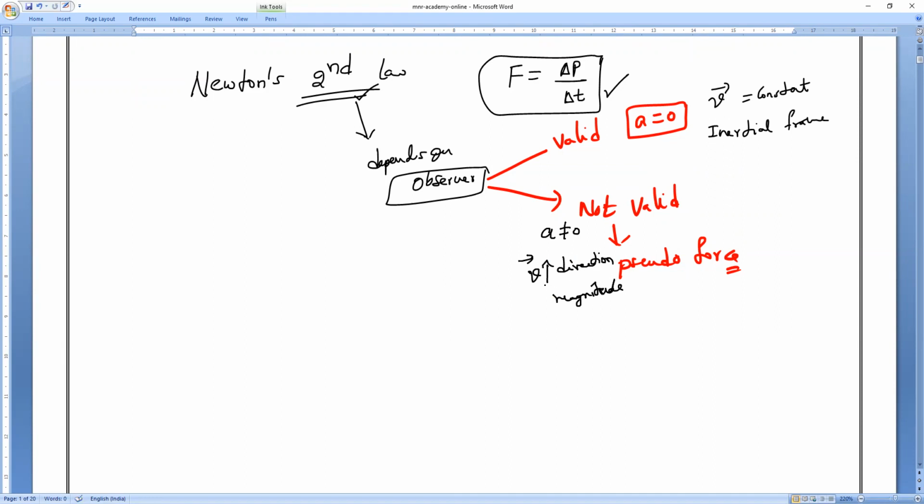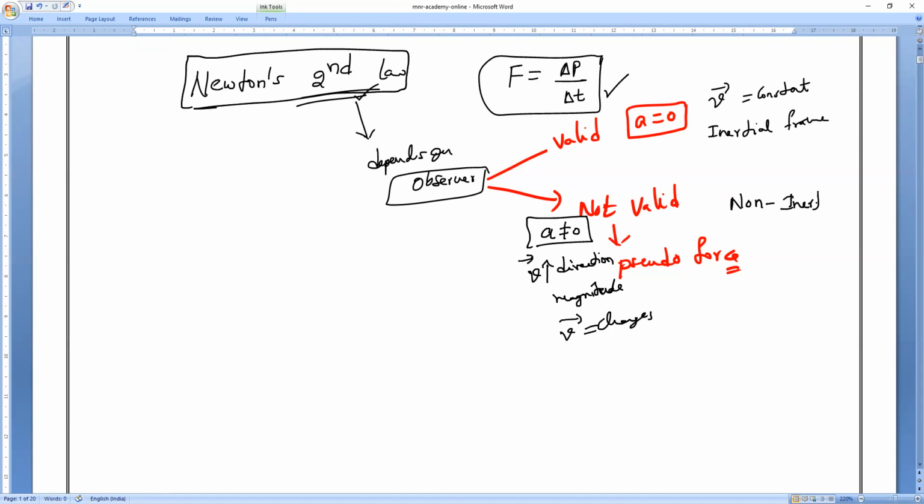If the velocity is not constant and v continuously changes, then the acceleration of the body is not equal to 0. In this case, Newton's laws are not valid, mainly the second law. This is what we call a non-inertial frame of reference.